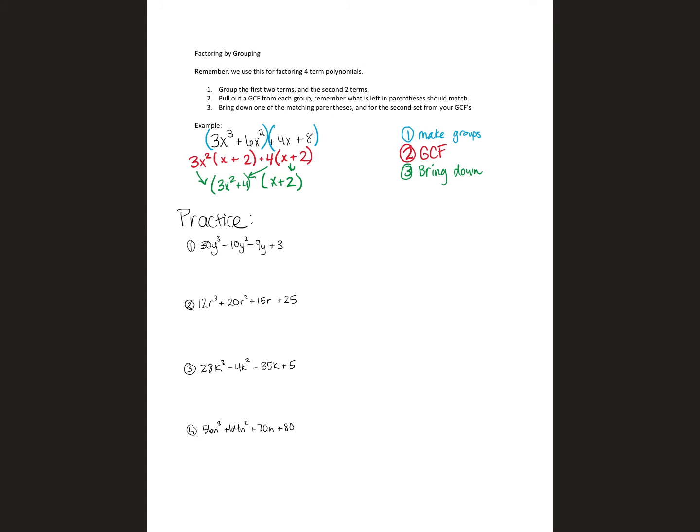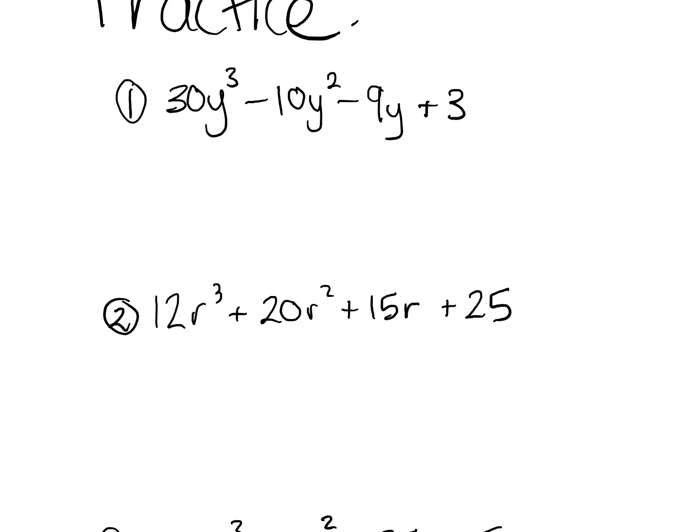Okay, so here we are factoring by grouping. Right, so we have group 1, group 2. So from group 1, my greatest common factor is 10y squared. So 30 divided by 10 is 3. Y cubed divided by y squared is y. And then 10y squared divided by 10y squared is 1.